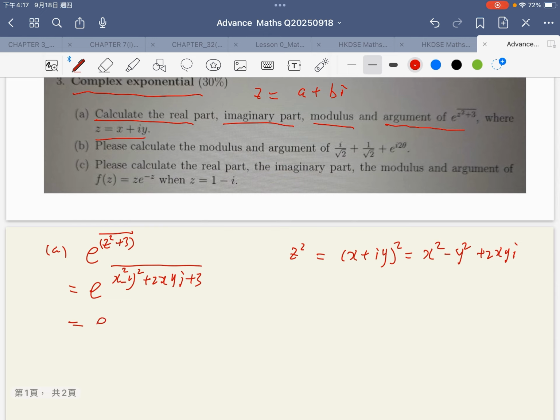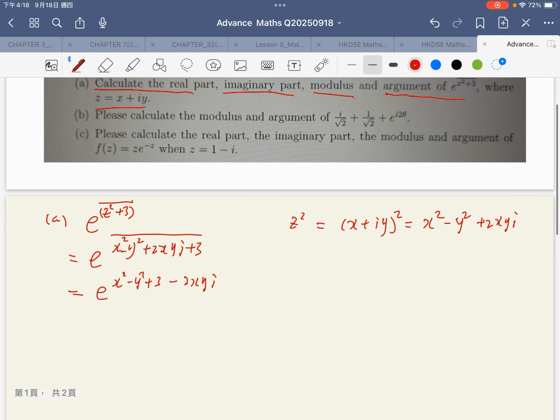Separate this into two parts. One part is this one, and for the conjugate, the component of i becomes negative, so minus 2xyi. Then we can separate this into two parts.